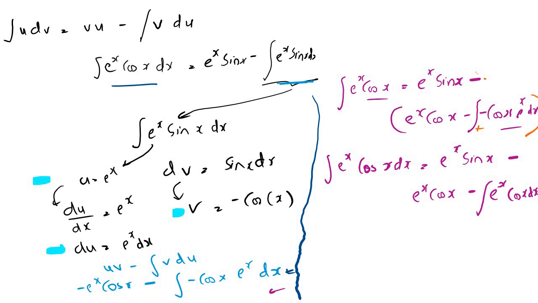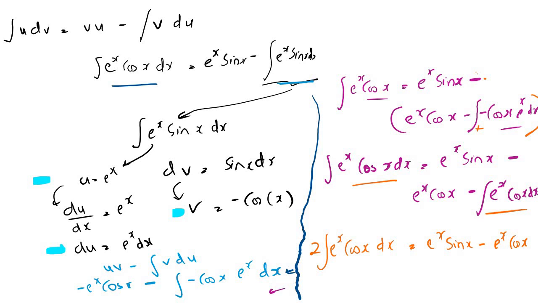Now what we'll do here is really neat. We combine these two together. We bring this equation to the other side. So we have 2 integral e to the power x cos x dx is equal to e to the power x sin x minus e to the power x cos x.